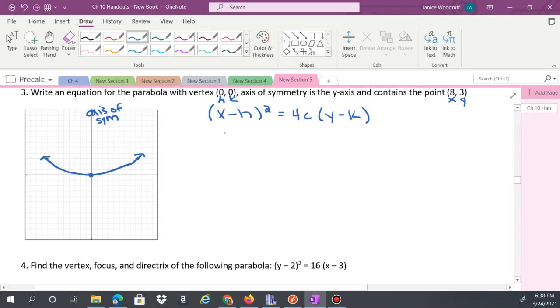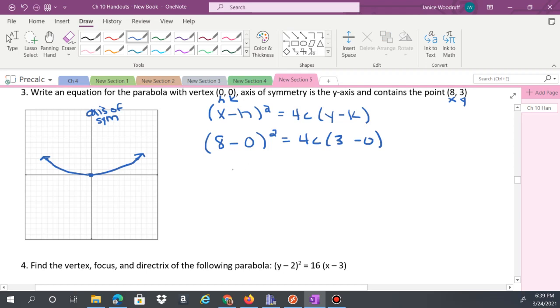So I'm going to go x, which would be 8, minus 0 squared equals 4c times y, which would be 3, minus k. Y would be 3, and k would be 0. 3 minus 0. And then we'll solve for c.